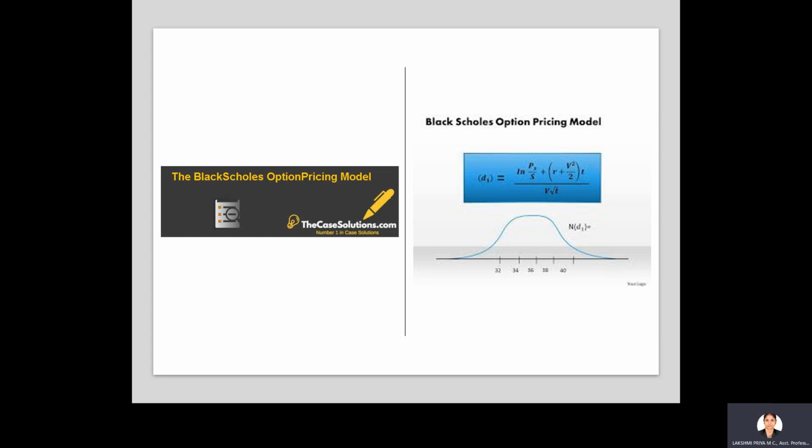From the fundamental point of view, the price to earnings ratio is written as P0 by E1 is equal to (1 minus b) by (r minus ROE into b), where ROE is the fundamental determinant of this ratio. 1 minus b is the dividend payout ratio, r is the cost of equity, ROE is the return on equity, and b is the plowback ratio.